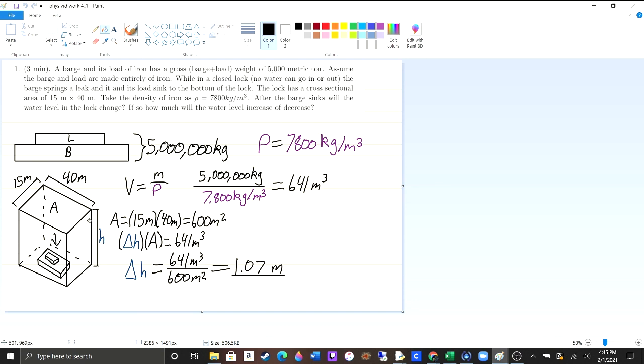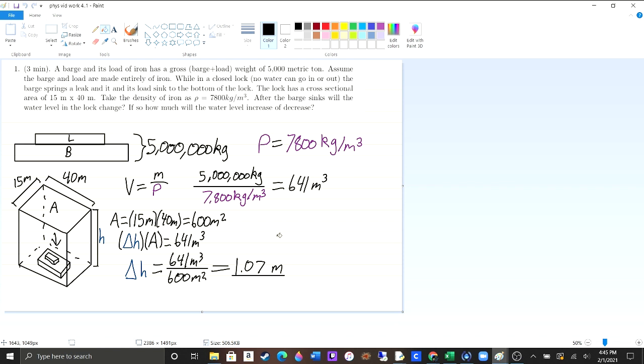Then to find the amount that the height changes in the lock, we can multiply the change in height by area, or we can solve for the change in height by dividing the volume of our barge and load by the cross-sectional area of the lock. So 641 divided by 600, and we get that our change in height is 1.07 meters.